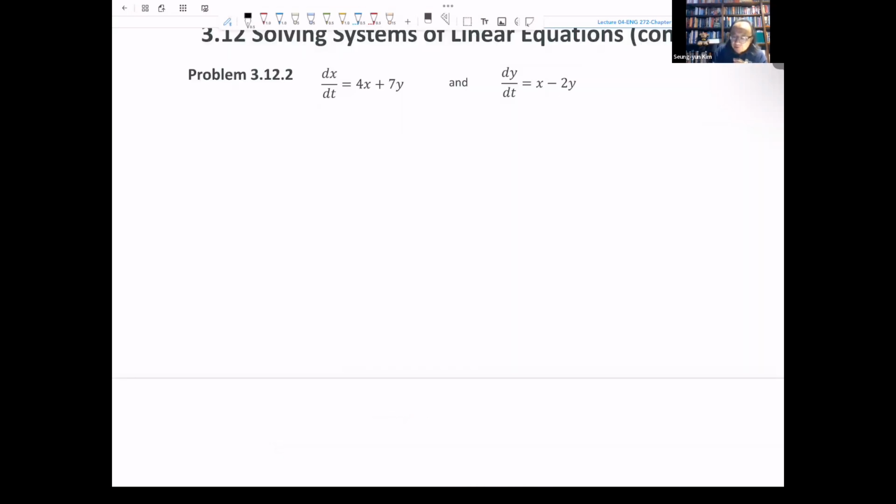So the first equation is going to be Dx equals 4x plus 7y. Second equation, Dy equals x minus 2y. From the second equation, you let 2y equal x minus Dy. That's not good because y equals x and y.